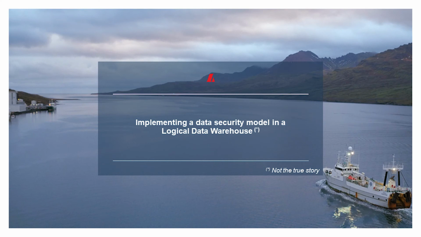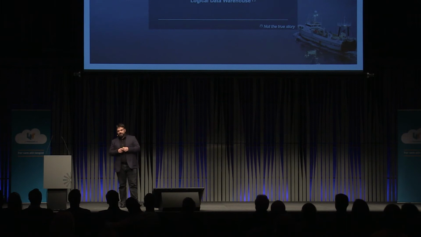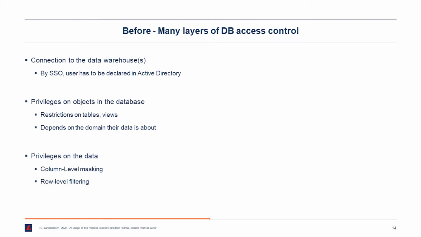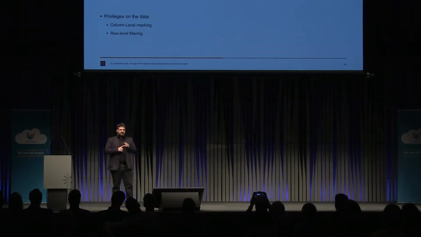So a few words about the data security model we've implemented. A small disclaimer: this is just inspired by the truth, for confidentiality reasons. Before implementing the logical data warehouse, we had three different levels of security: can you connect to the data warehouse, can you see the objects of your data warehouse, and in those objects, what can you see?